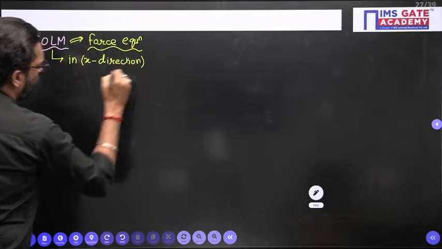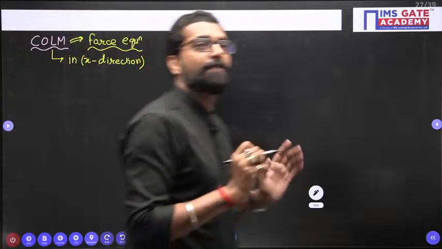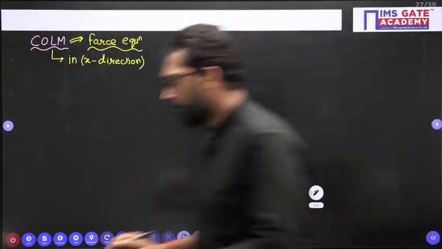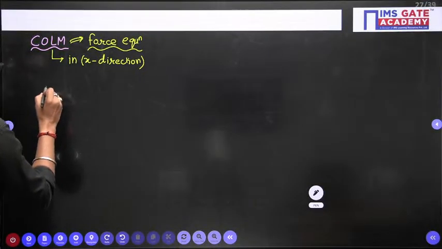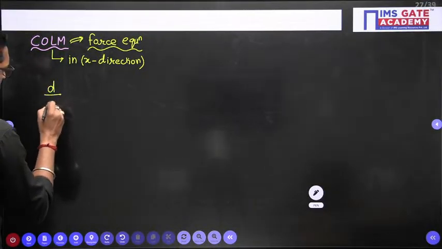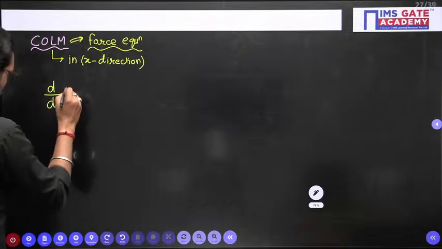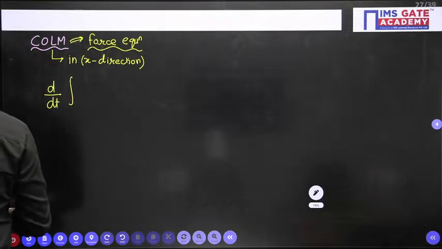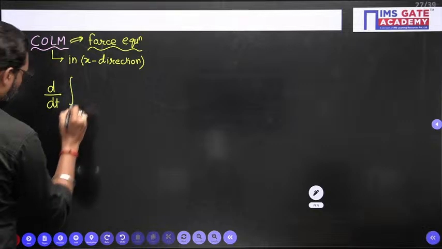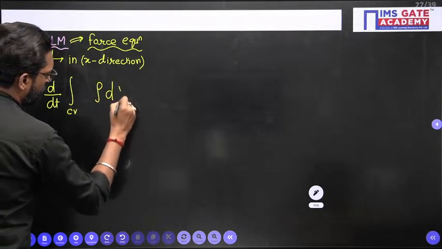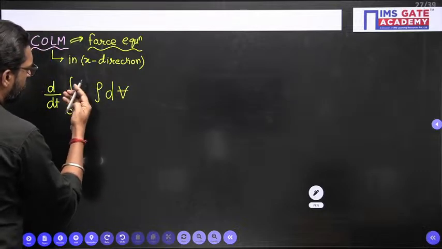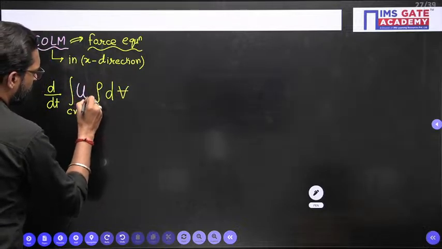Okay. So what is the mass flow rate multiplied with the velocity? So first is d by dt of the control volume, rho into dV multiplied with the velocity in the x direction.